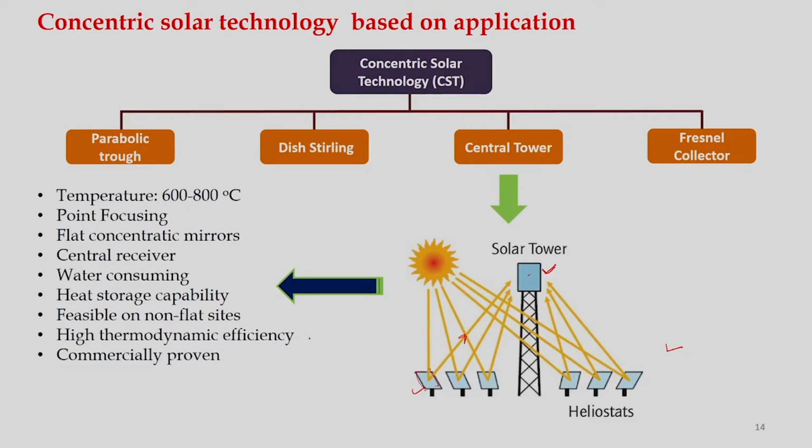And it is feasible on non-flat sites, okay. We do not need a very flat surface for installation of these heliostats or these mirror systems, and it has got high thermodynamic efficiency because its operating temperature is higher, okay, and it is commercially proven. Already many installations are present across the globe.